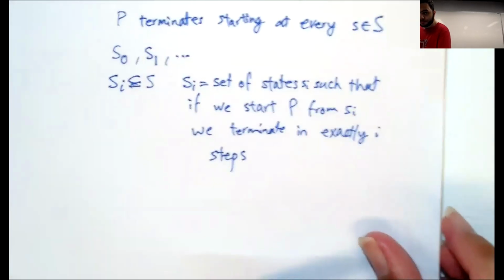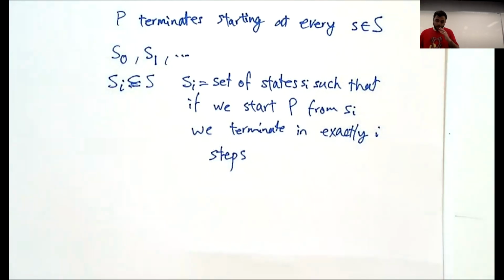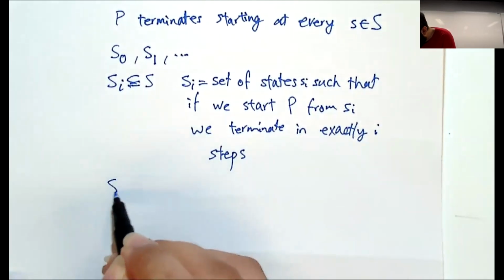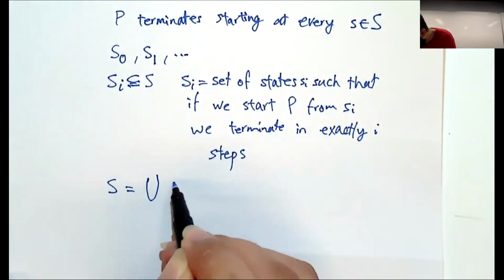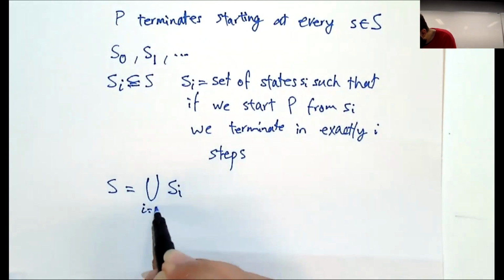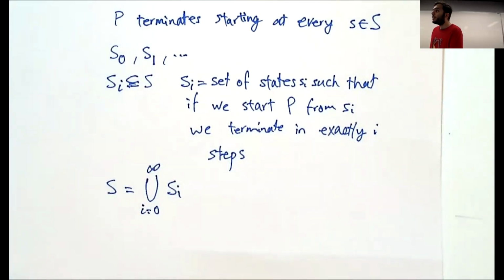Okay. So if I define this Si, I also have the assumption that my program terminates always, right? So how can I write that assumption in terms of Si? It basically means that S is the union of all Si, right?